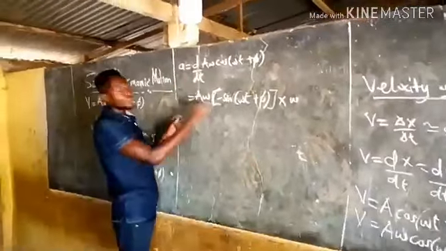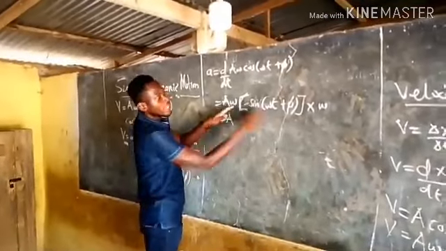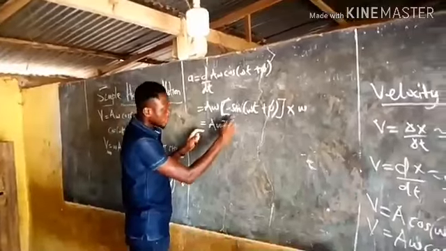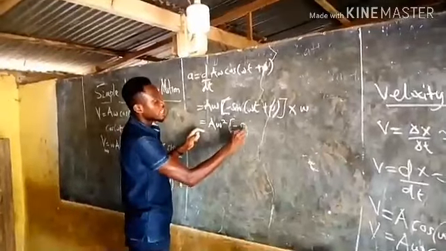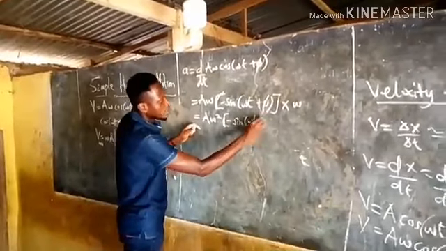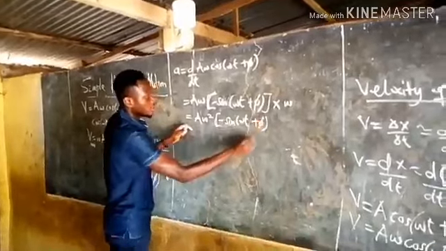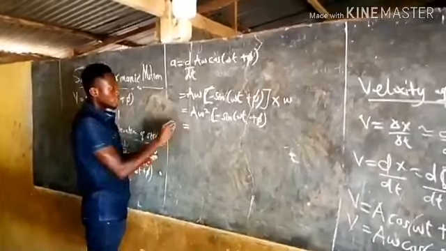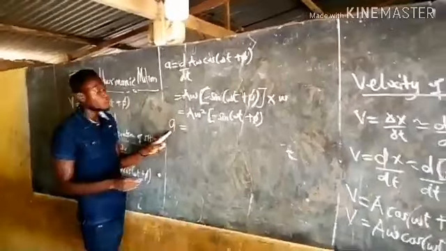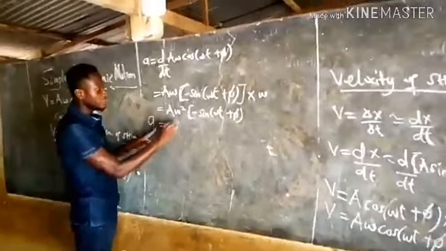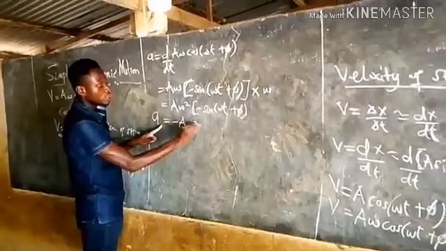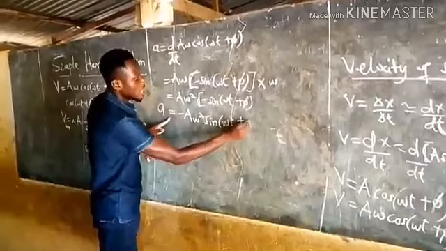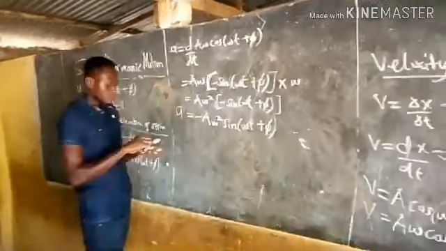If you multiply through, you are going to get A omega times omega, so omega squared, then into bracket negative sine(omega t + 5). Let's expand. So you are going to have the acceleration of a body undergoing simple harmonic motion to be equal to negative A omega squared sin(omega t + 5).